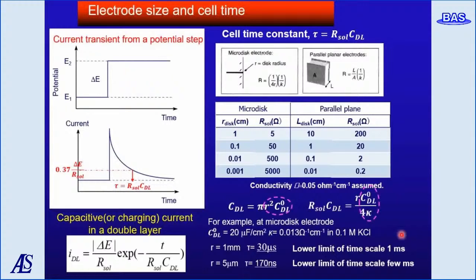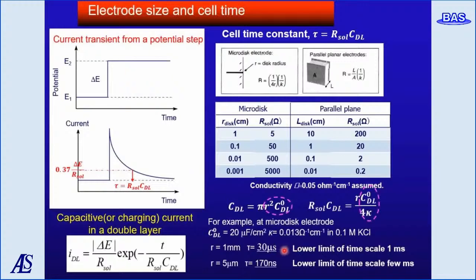For example, in the case of interfacial capacitance per area C_DL of 20 microfarad per square centimeter and conductivity of 0.013 Siemens per centimeter, a 1 mm diameter electrode has a cell time constant of 30 microseconds.